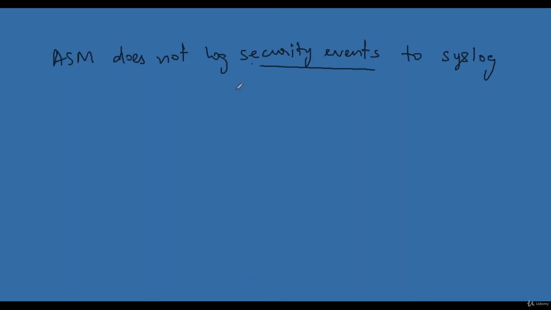Now, when you're working with ASM, you also need to understand that ASM does not log security events to your syslog. When I say security events, I mean, for example, if an illegal file type is detected, which should have been blocked or is blocked.